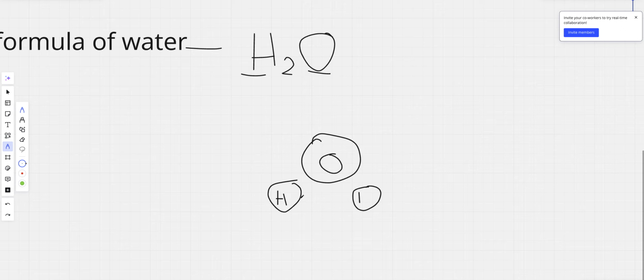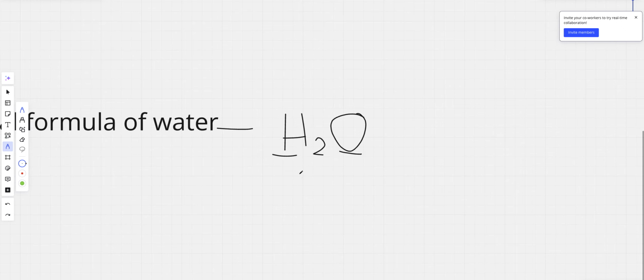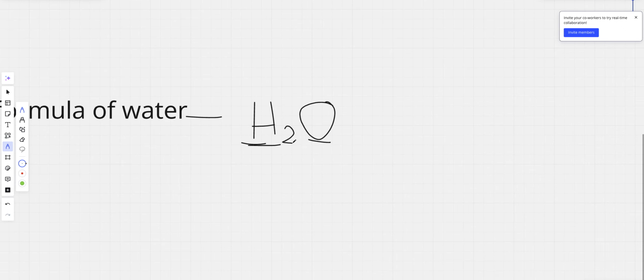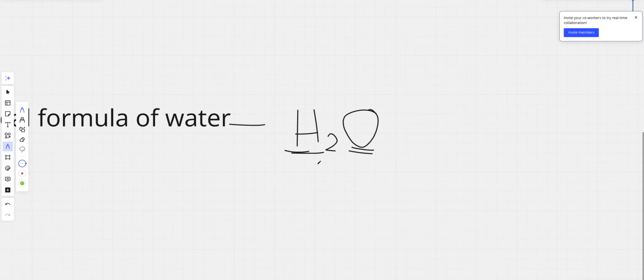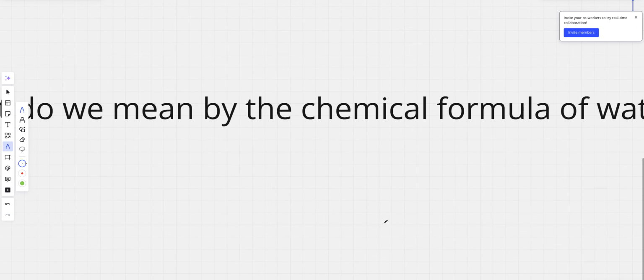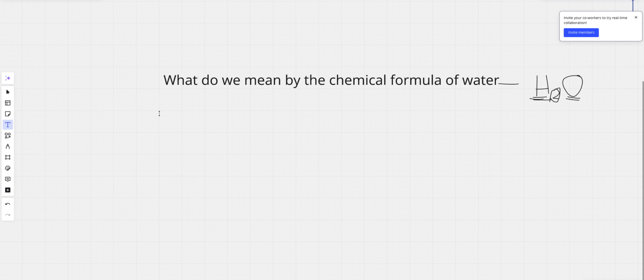So hydrogen and oxygen make up one molecule of water, and subscripts indicate that there are 2 hydrogen atoms. So how do we answer it?